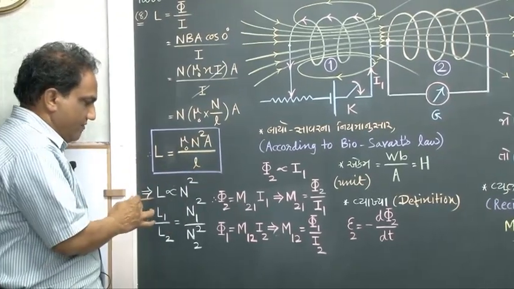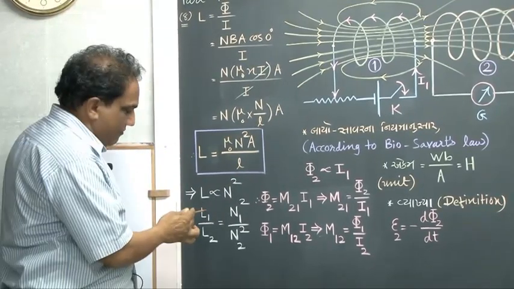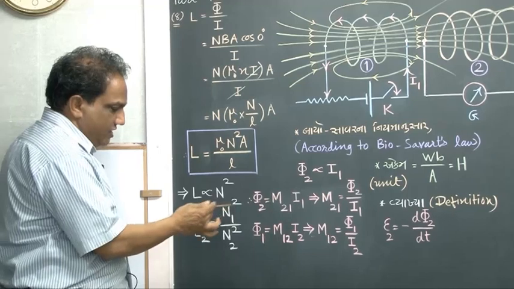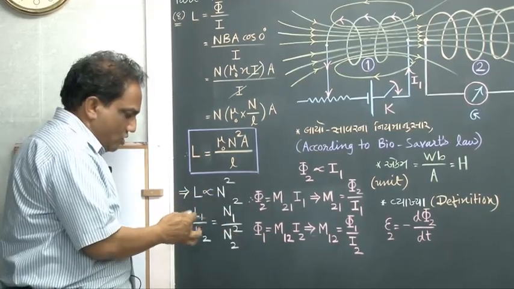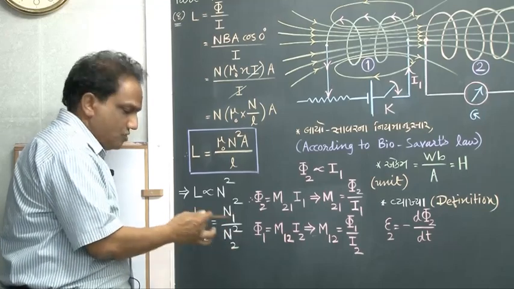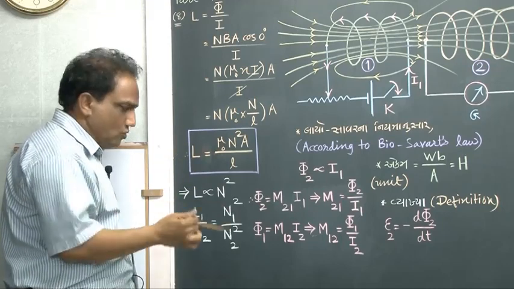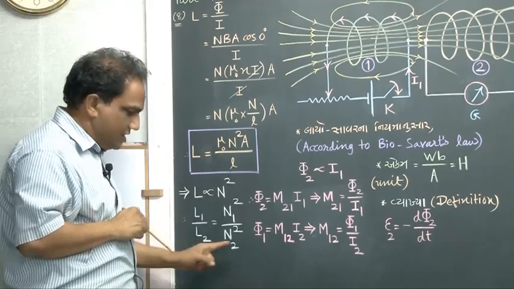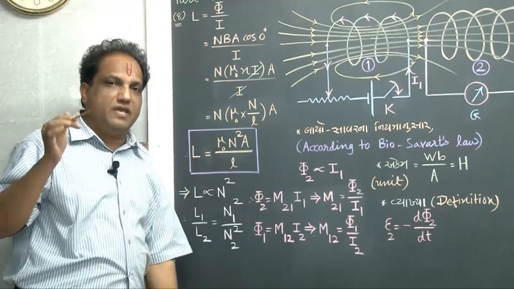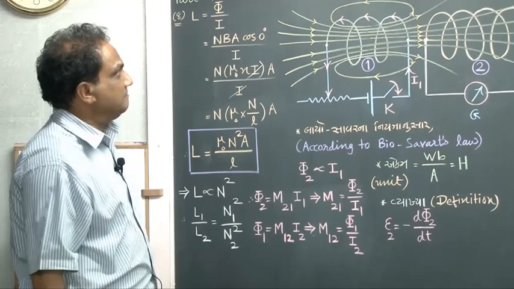And if it is direct proportionality relation, then you know L1 upon L2 equals N1 square upon N2 square. Direct proportionality, then 1 to 1, 2 to 2. So L1 upon L2 is equal to N1 square upon N2 square. Now same result we are going to use in the exercise of this chapter. Okay, please remember this.